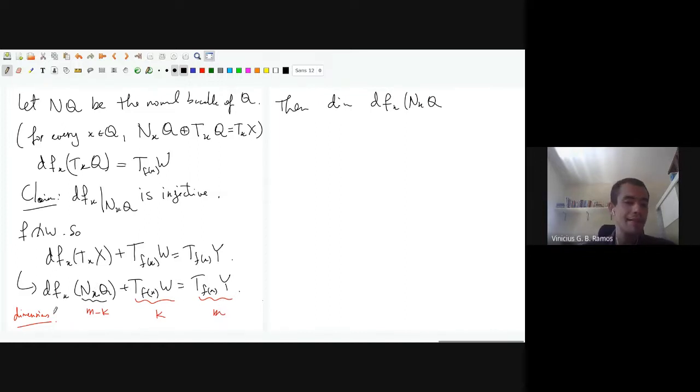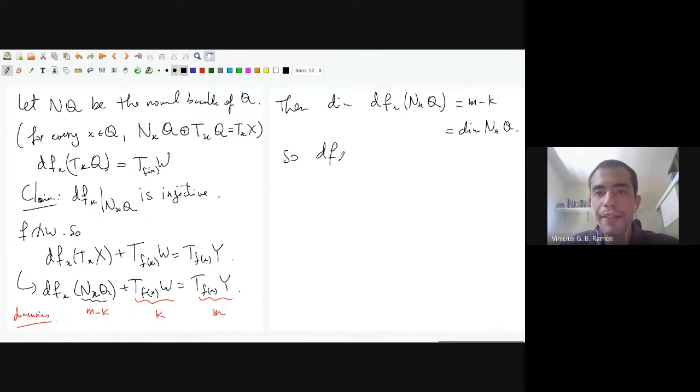So the image of the normal vector space by df has to have dimension exactly m minus k, because it has dimension at most m minus k. Which is the dimension of the domain. So df_x is injective.